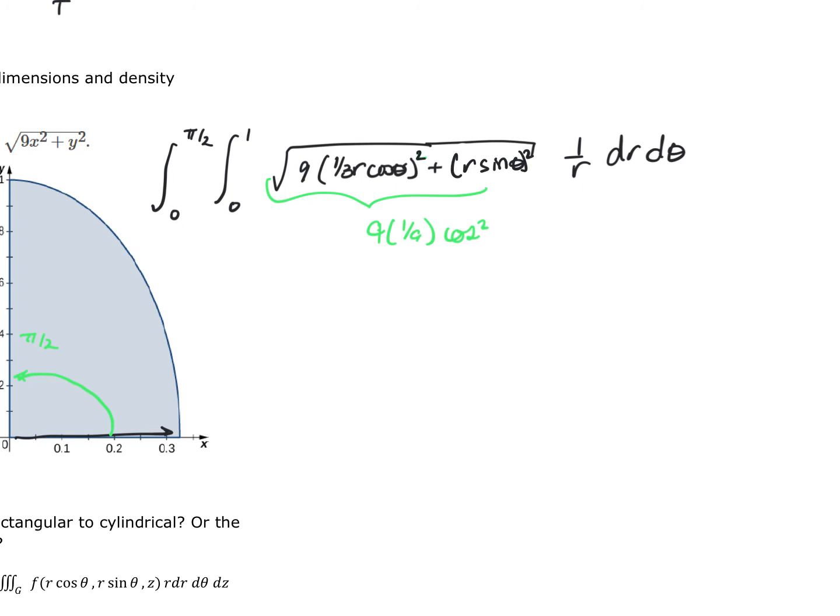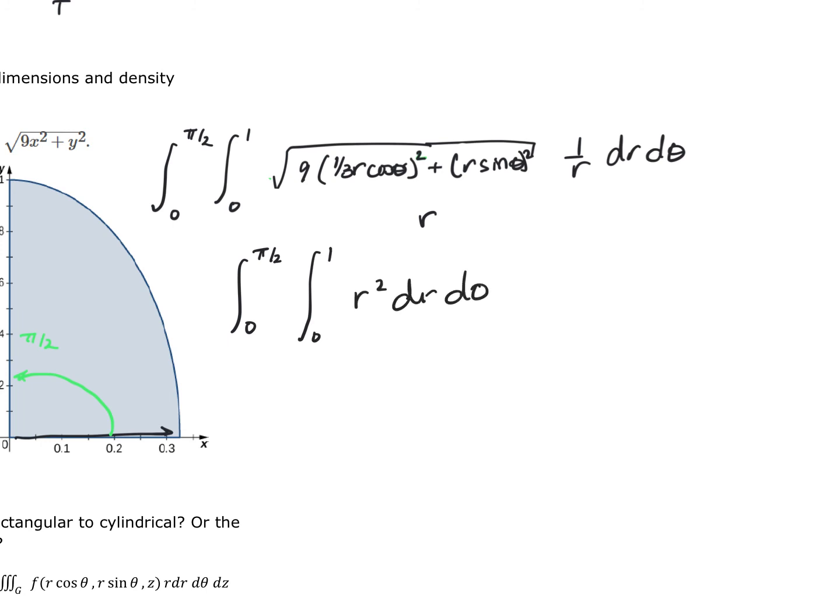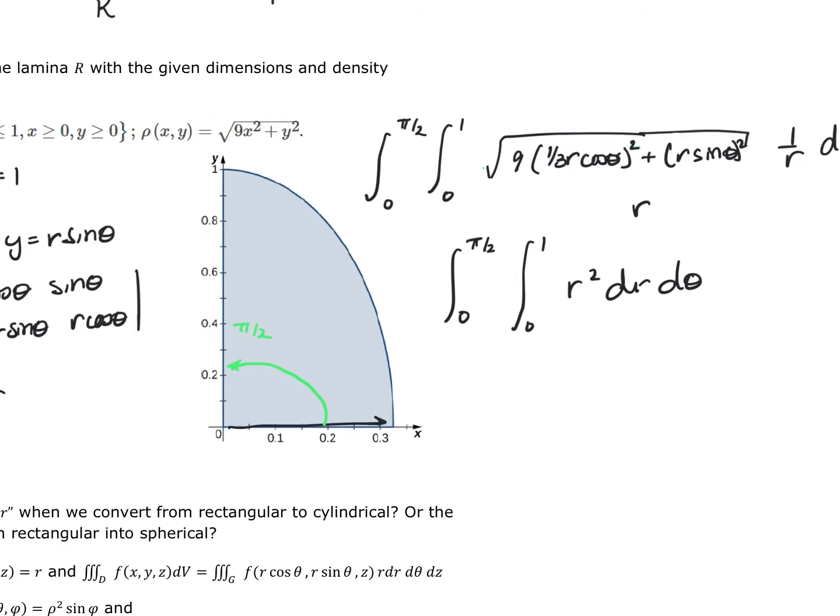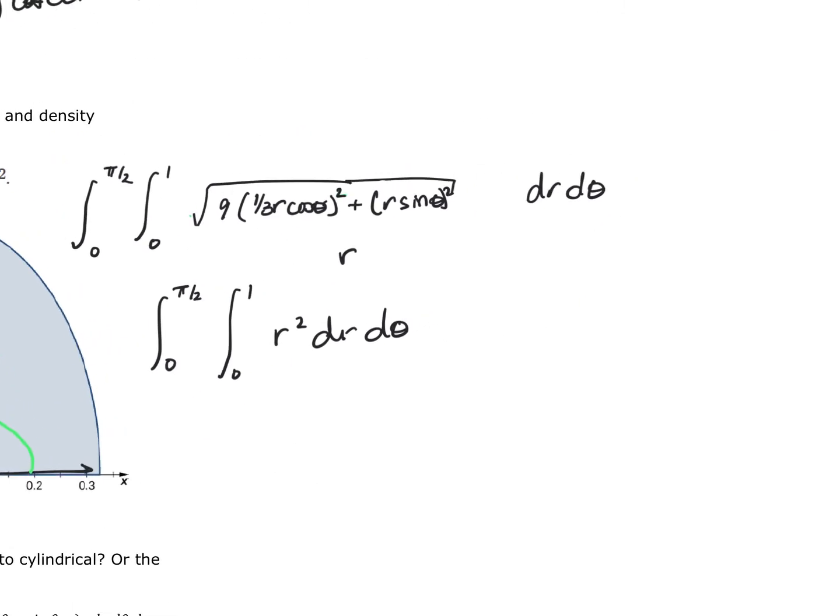So this just becomes the square root of r squared, which is just r. So from 0 to pi over 2, from 0 to 1 of r squared dr d theta. Don't forget the 1/3. That was my Jacobian, 1/3 r. So, nice, easy peasy, lemon squeezy, and we end up with 8 pi over 18. Holy smokes, this was so much easier than we did it last week.